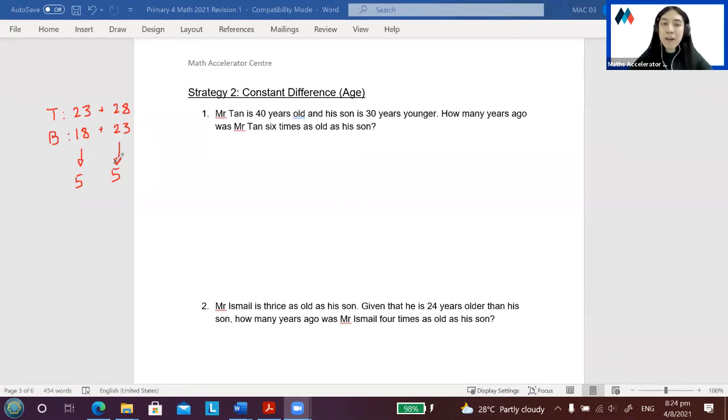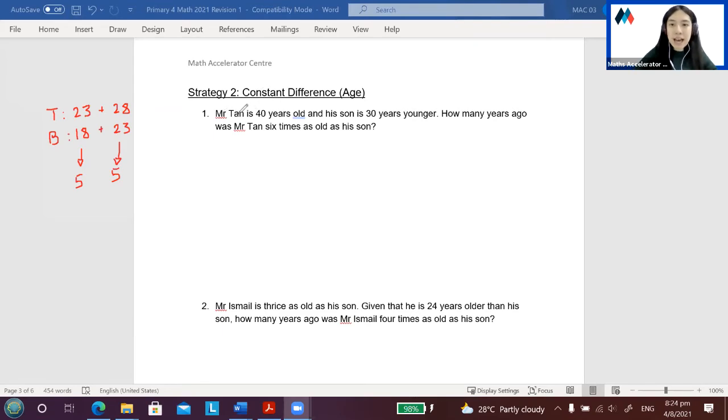So whenever you have an age question comparing two people's ages, it will probably be a constant difference question. That's because there is always a constant difference between two people's ages. Everyone ages at the same rate, right? So if the difference between me and my brother's ages is 5 years, it will always be 5 years. Even when I'm 90 years old, it will still be 5 years. So let's try doing this question now.